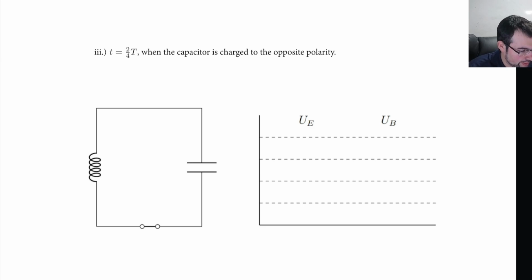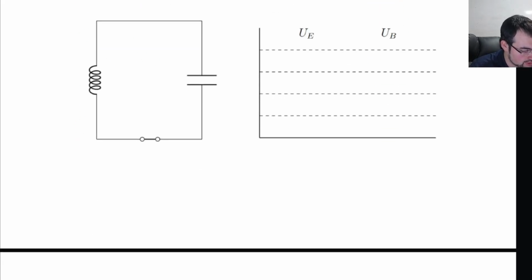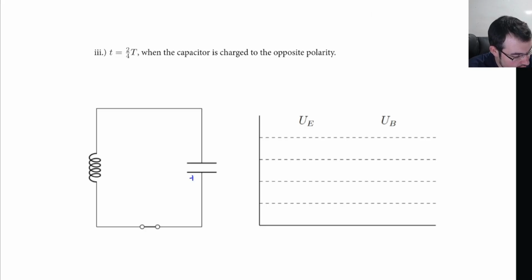All right, what about a short time later? Well, we have current kind of flowing this way on the circuit. So what's that going to do? That's going to charge up the capacitor. Except this time, the charges are going to flip because the positives are heading towards that bottom plate this time. So we get a reverse in polarity.